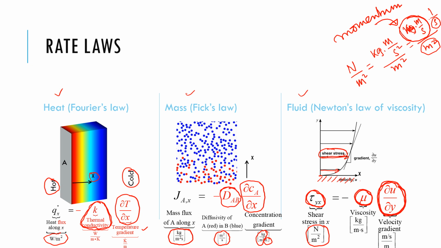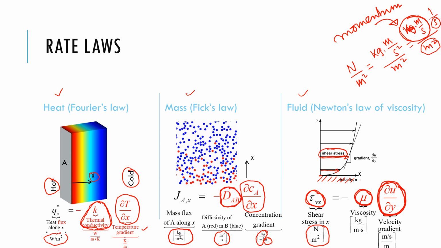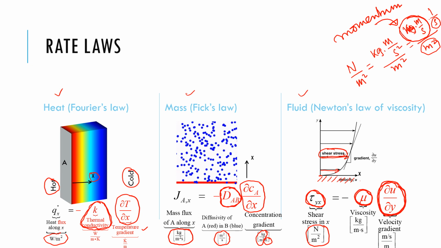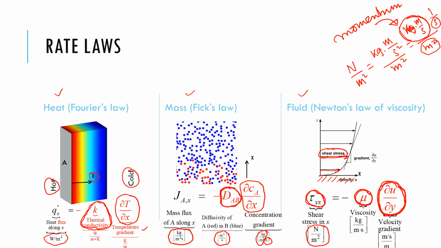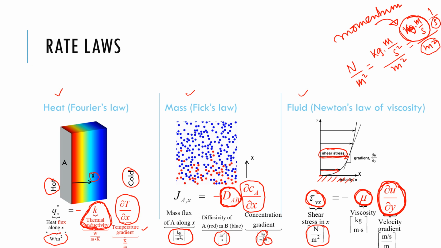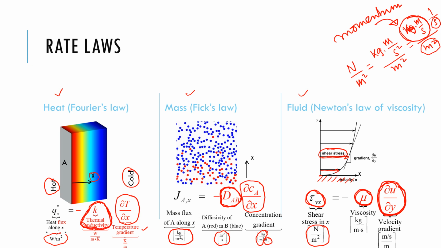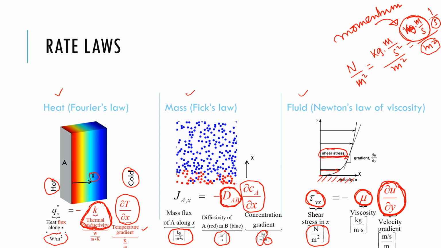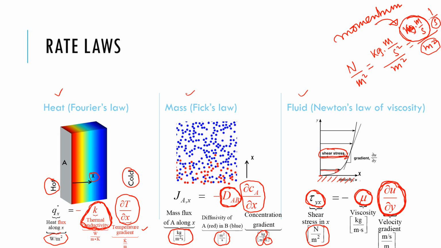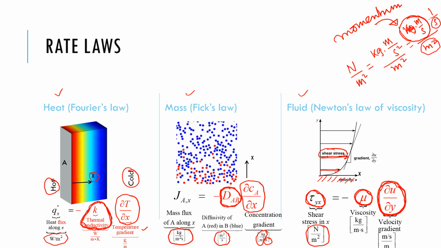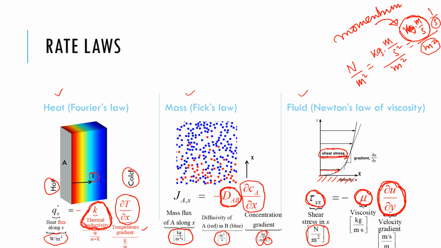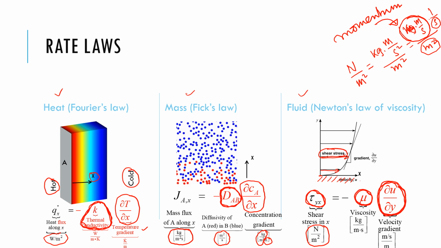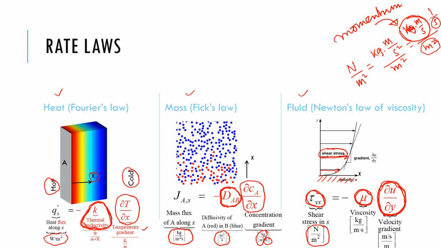For example, here it's the two molecules. What are their size? What is their temperature? That decides these properties. So in each case, we need these material properties that make the law fit the particular material, and these material properties are almost always measured experimentally.